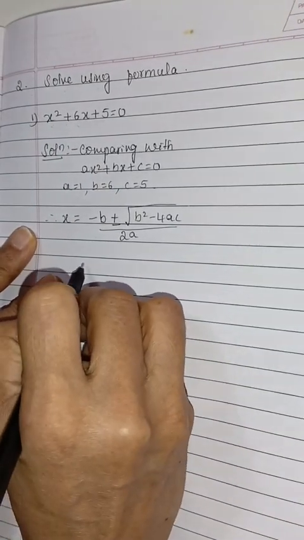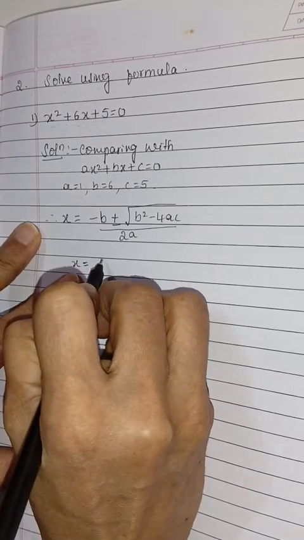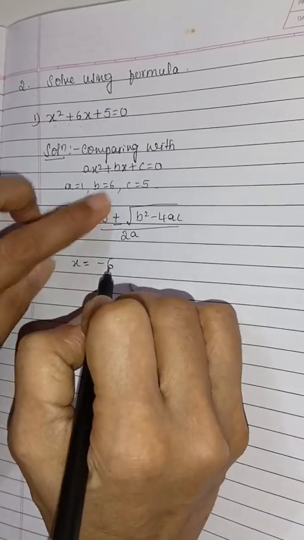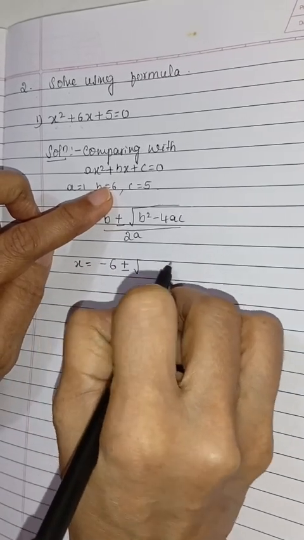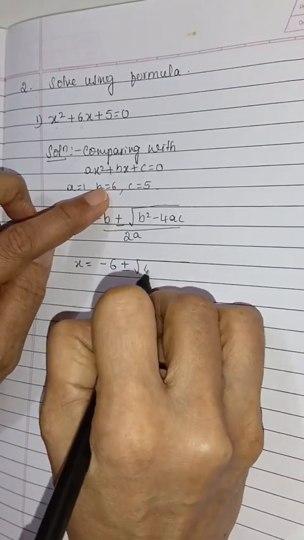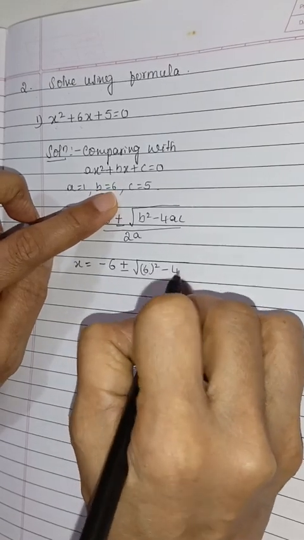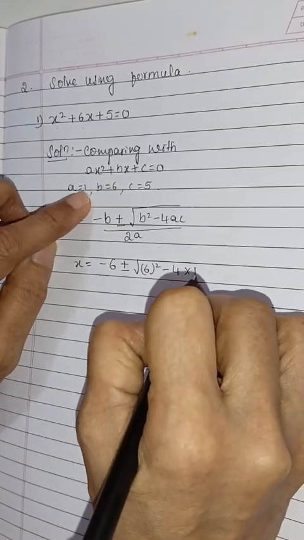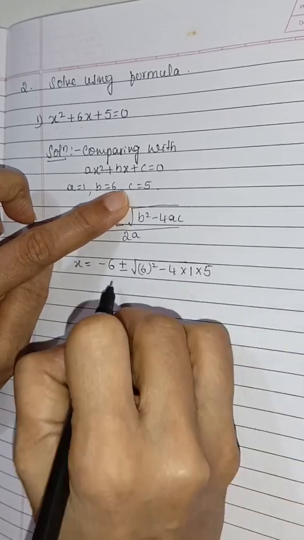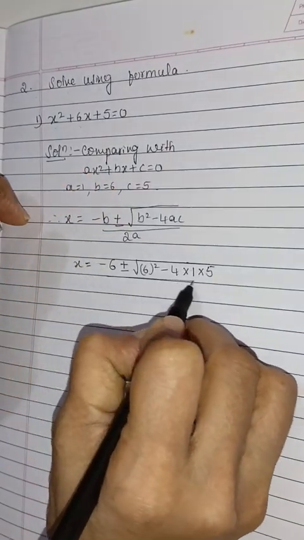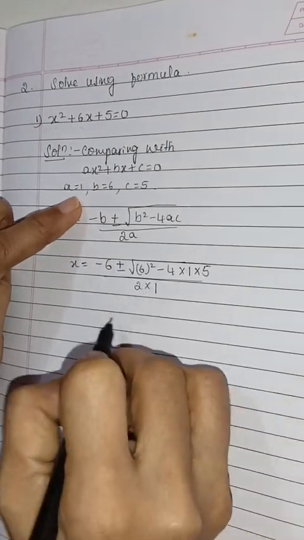So therefore x equal to minus b, here minus 6, plus or minus square root of b square, 6 square, minus 4 multiplied by a is 1, c is 5, divided by 2a, 2 multiplied by a is 1.